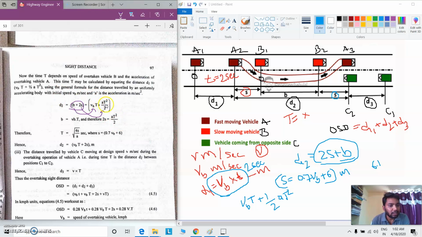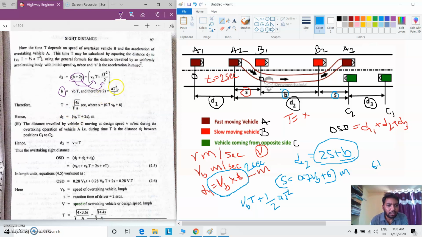Here a is the acceleration, and t is the time taken by the body to move from one position to another with uniform acceleration. The distance b is vb into t, and here 2s is considered as half a t square.